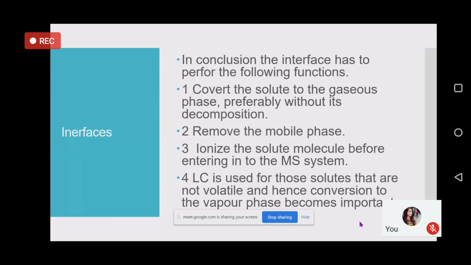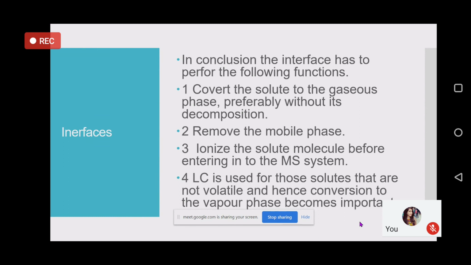So basically, what the interface has to do is removal of the solvent, the desolvation process, and a sublimation process for the solute, and preferably the sublimation should be accompanied by ionization so that a separate ionizing device may not be required before the sample enters the mass spectrometer.